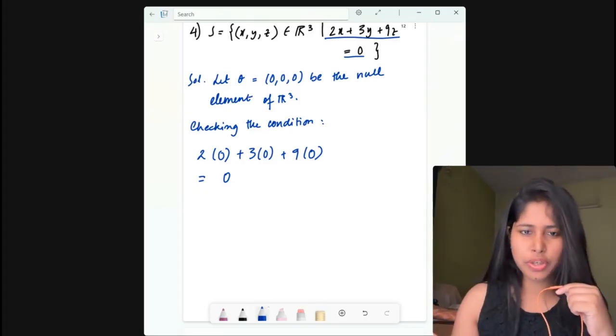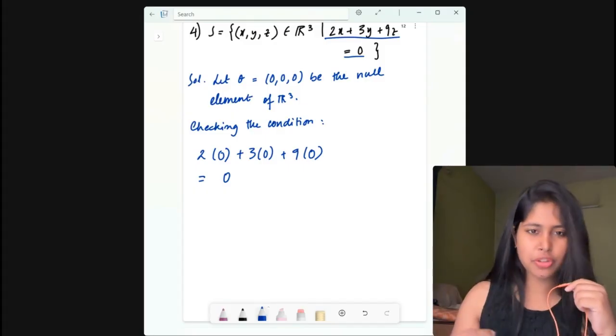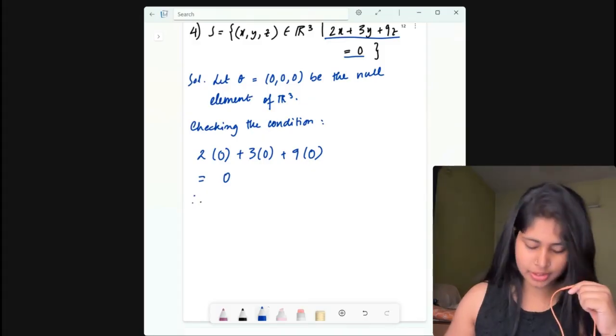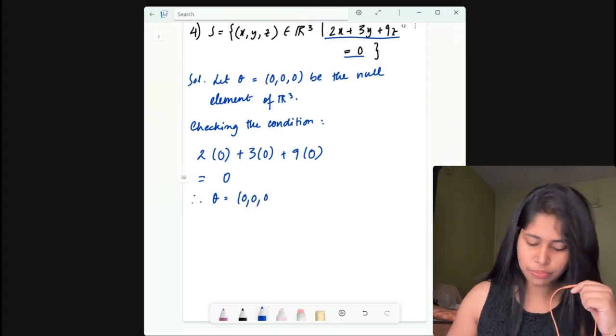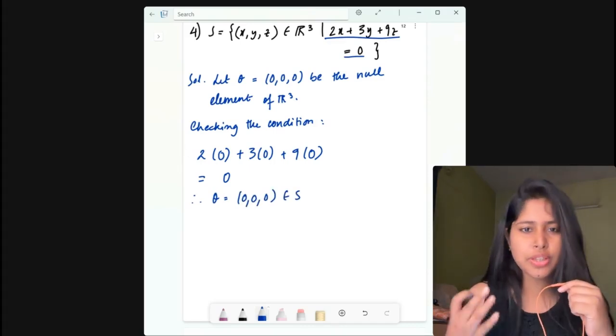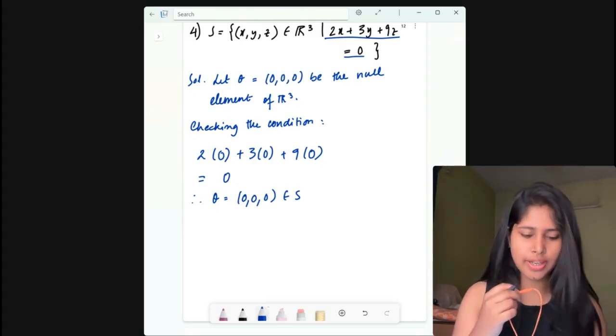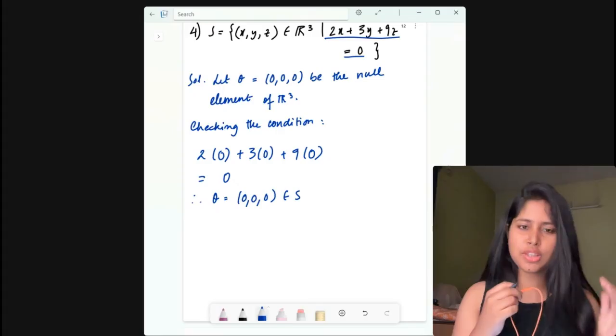I've already shown it in the previous video, but I'm showing it here too. You have to write: therefore, theta equals (0, 0, 0), which belongs to S. Whatever you are saying, you have to write it so that the teacher can understand that you know this is the zero vector and this belongs to S.